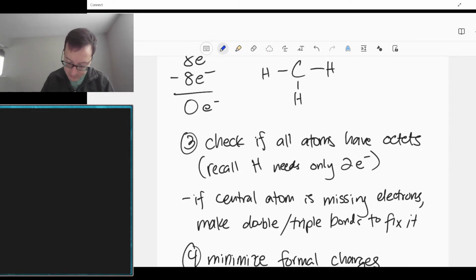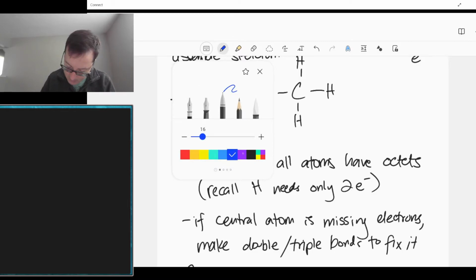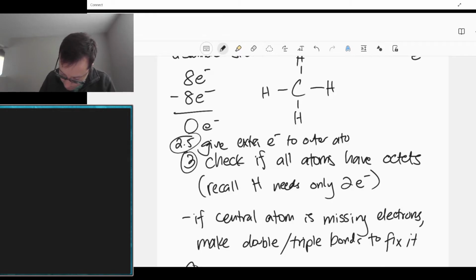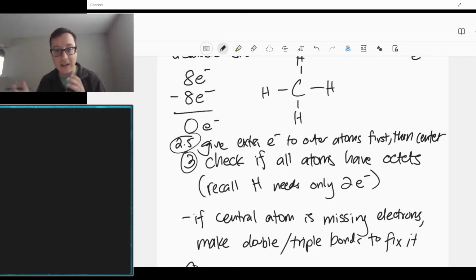All right, step 2.5, because I realized I forgot one, because it wasn't applicable here. Give extra electrons to outer atoms first, and then the center one. So we're going to give extra electrons that we have to the outer atoms after we have made our skeleton, and then we're going to add them to the center afterwards. So we give priority to outer atoms.